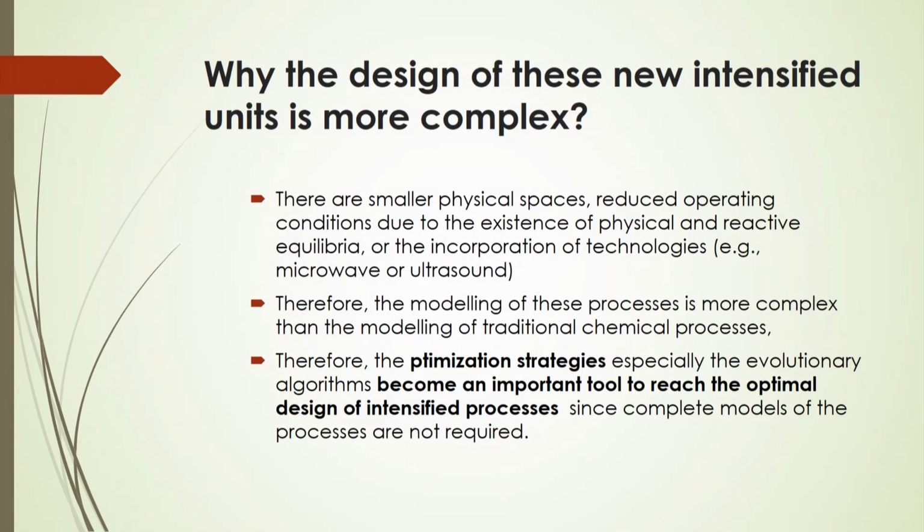Now, why is the design of these new intensified units more complex whenever we are talking about chemical engineering process intensification? Of course, with any process intensification, the unit operations to be designed will be more complex to some extent.